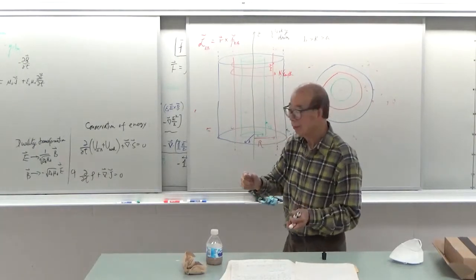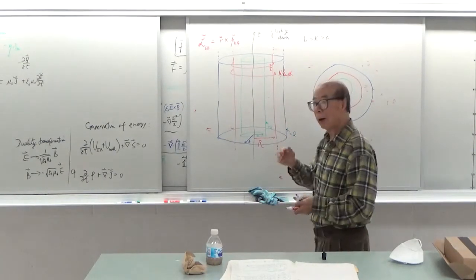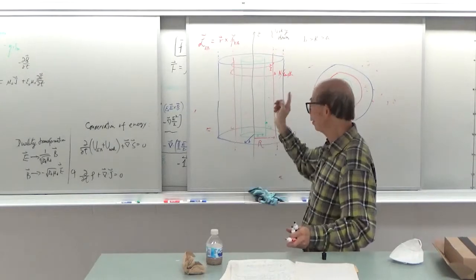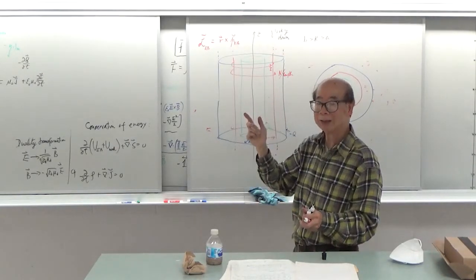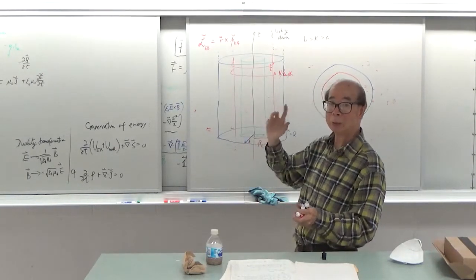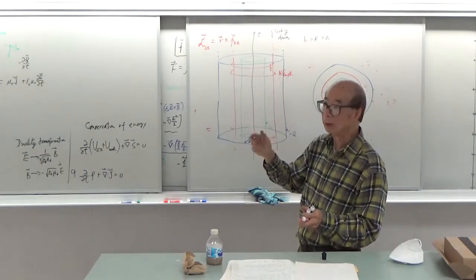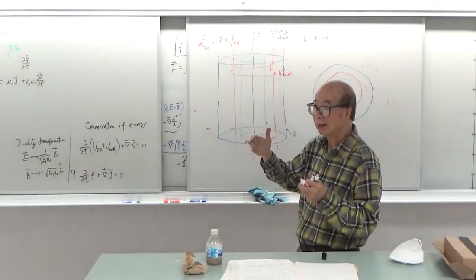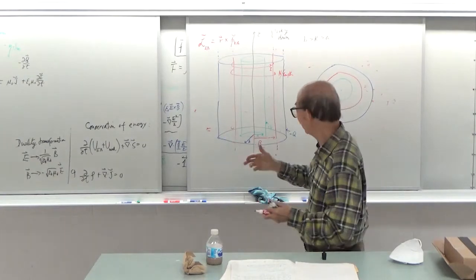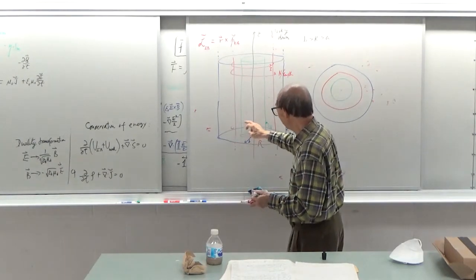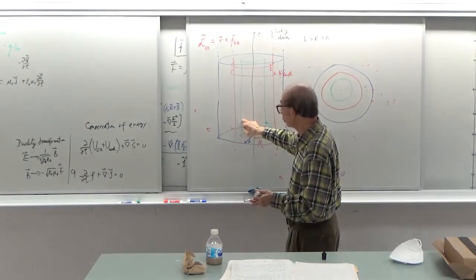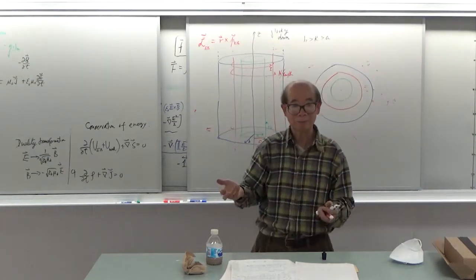And the question is, why are they rotating, as if they have certain angular momentum? Where does the angular momentum for the two cylinders come from?